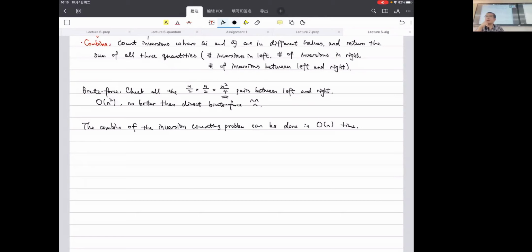This is quite good. Maybe we can utilize the fact that sorting is good, and use sorting as a fundamental step for the counting inversion problem. So to achieve this, we consider sorting.